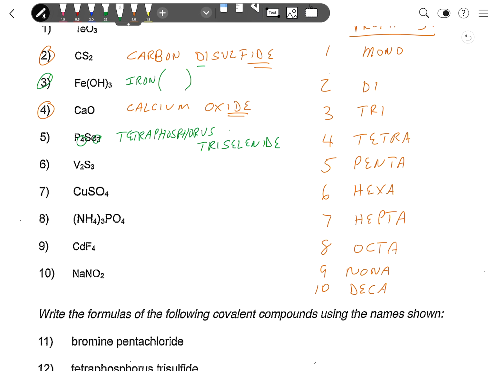Then we're going to put our parentheses here. And then we have to understand that hydroxide is a -1 as far as the ion goes. But we have 3 of those, so that would be a -3 charge on this end. And what that would mean is we need to have a +3 on this end to balance it out, because in an ionic compound, the total charge has to equal 0. So that would be iron(III) hydroxide. Okay, you have to have the parentheses when you have a transition metal.